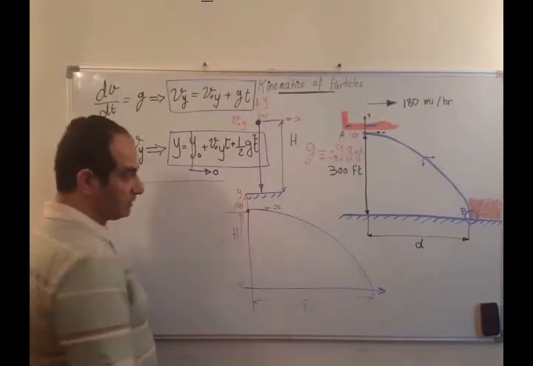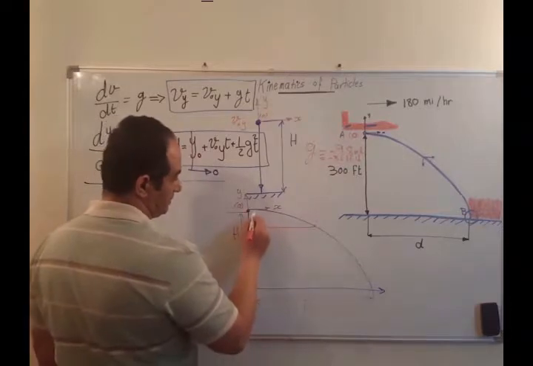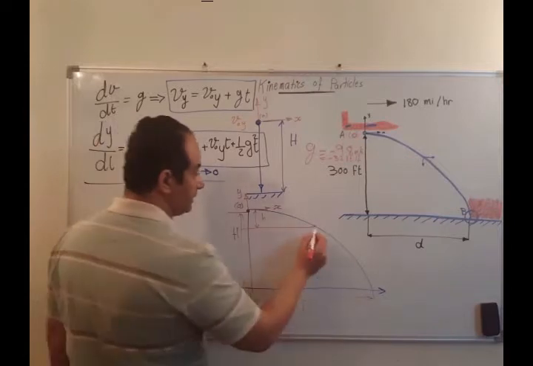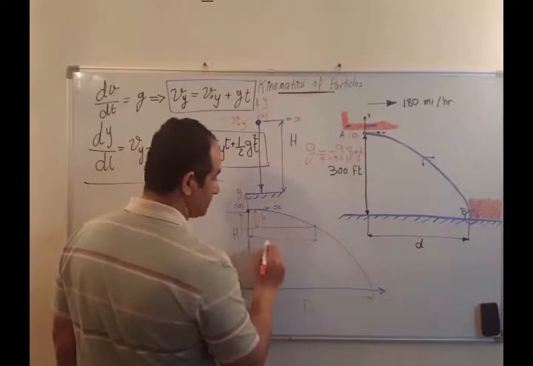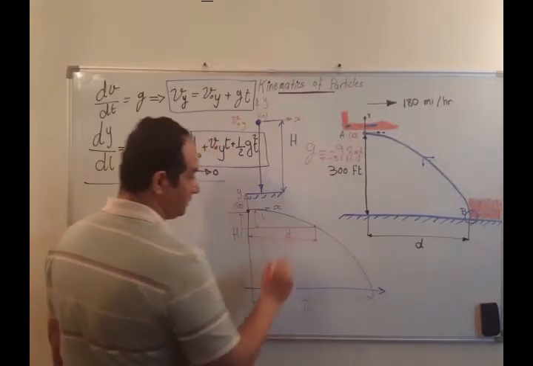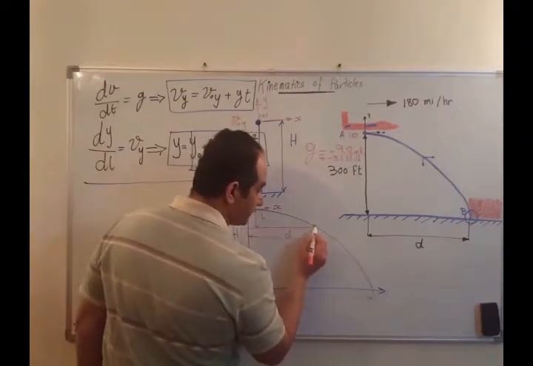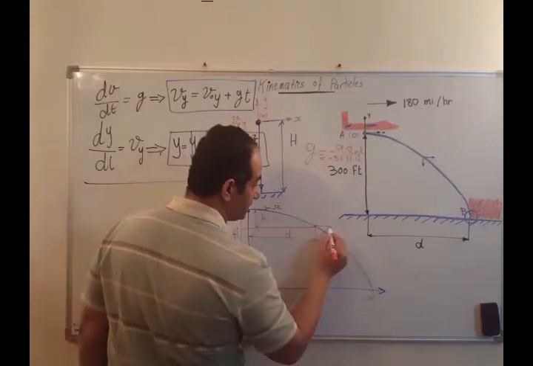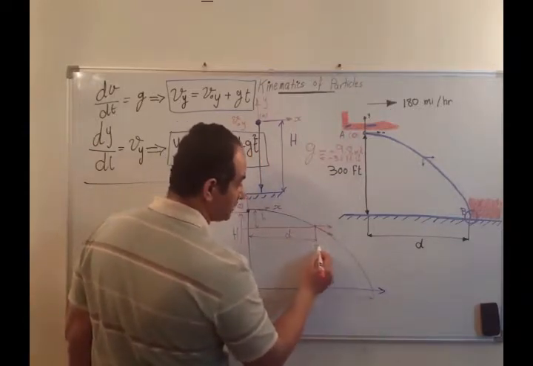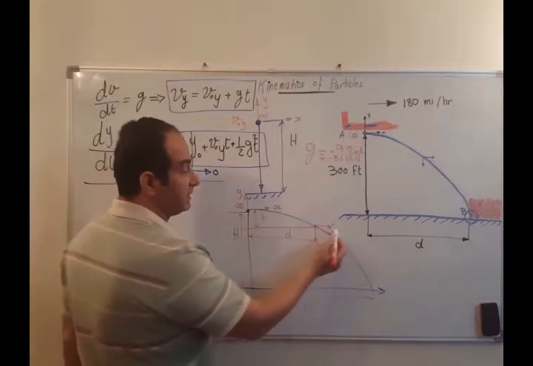And as we said before, at any time t we have a vertical displacement and a corresponding horizontal displacement. And at any time t, we have a resultant velocity that is composed of two velocity components, one in the horizontal direction, one in the vertical direction.